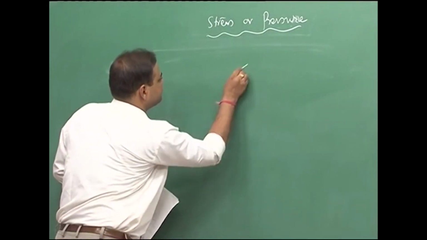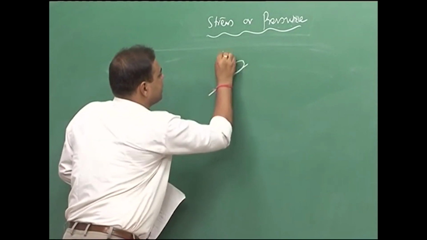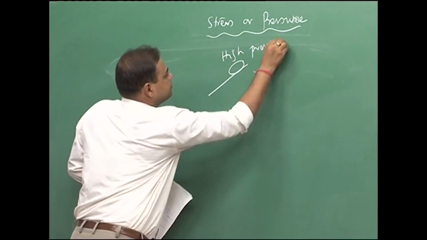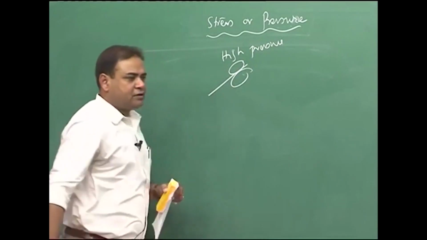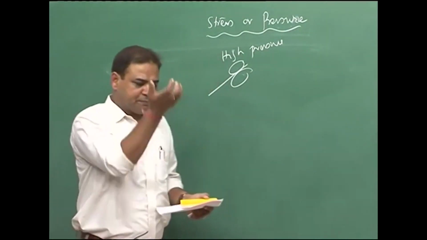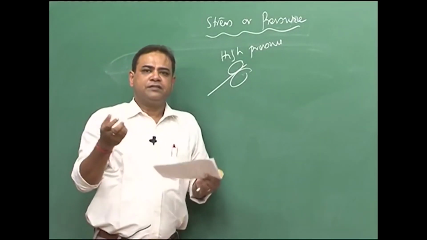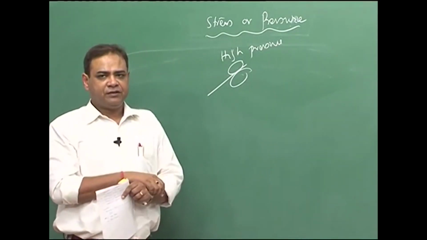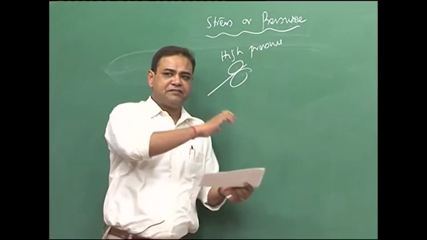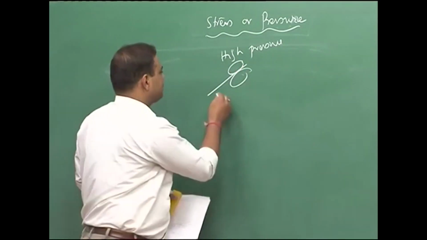See, if we have this part, this part is high pressure and this part is low pressure. Now, when you decrease the pressure of water, there is a possibility of bubble formation. At the same time, in a cyclic process, if we increase the pressure at that point, then the bubble can collapse.